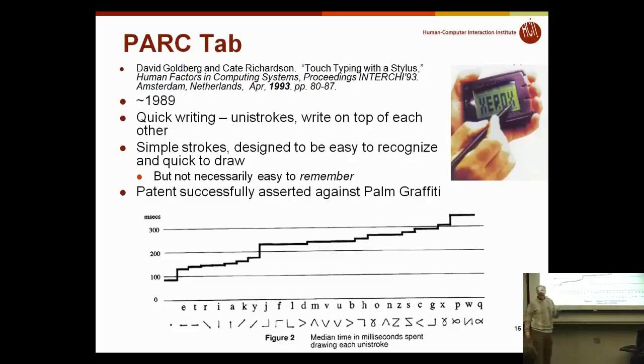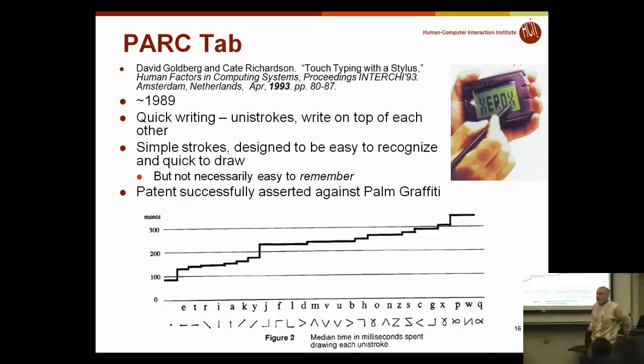And he designed them based on frequency. So the most common letter is E, so that's very easy. T is very easy. R, I, A. Okay, whereas Q is really unusual, and so that one's a lot slower to enter. And so these strokes are very easy to recognize, so the computer is not going to get confused, and most people will draw them accurately.